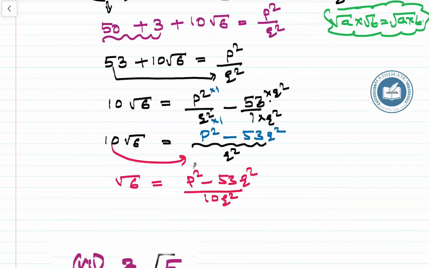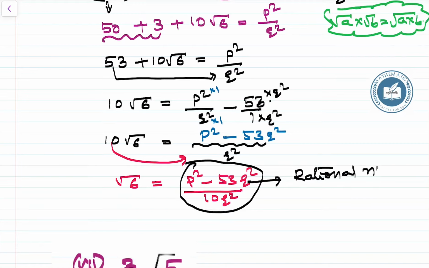Now this right hand side is a rational number because p and q are integers, for all the values of p and q. So the right hand side becomes rational. Therefore when the right hand side is rational, the left hand side must be rational.